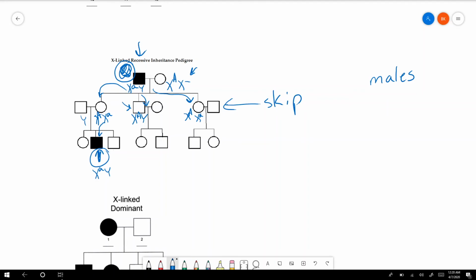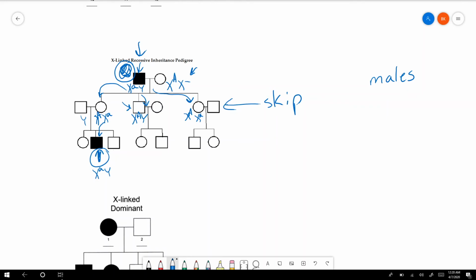This is indicative that if the son gets the X from the mother, she's a carrier. If her father is affected, so we see grandfather to grandson through a mother, that's another indication of a strong likelihood that it is X-linked.